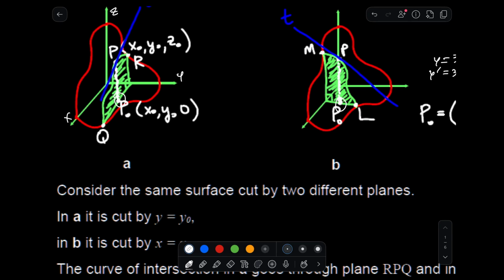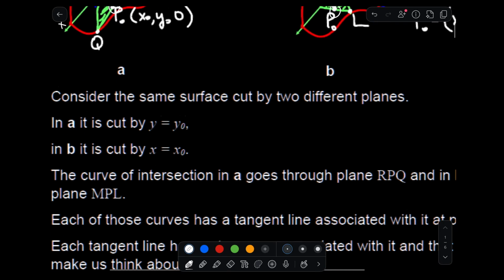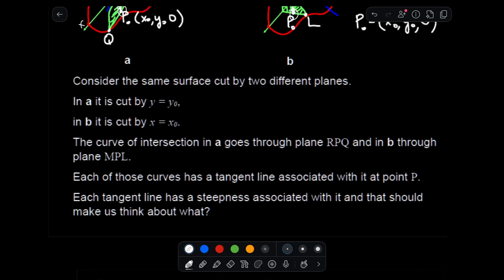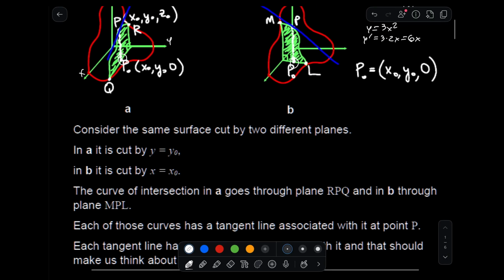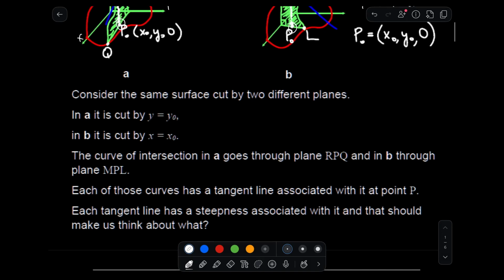What does that mean? Each of these curves has a tangent line as well. That's not something that's changed, but rather, in this video we'll show how we can translate these partial derivatives from 3D to just being standard derivatives in 2D. That's another important topic as well.